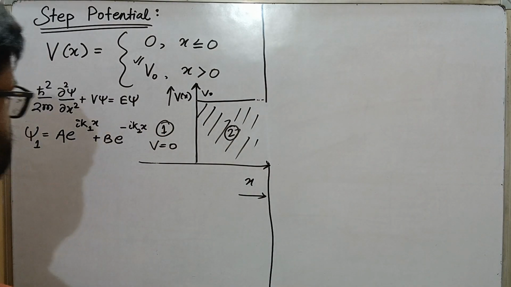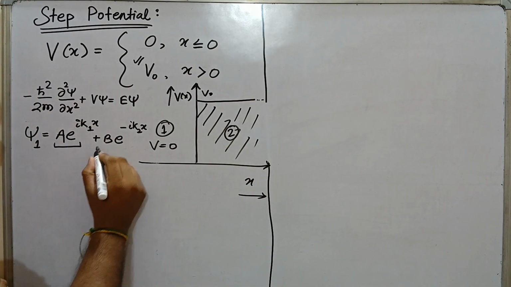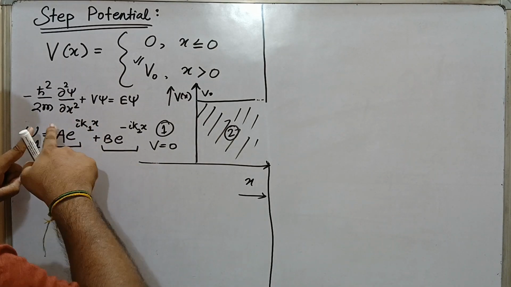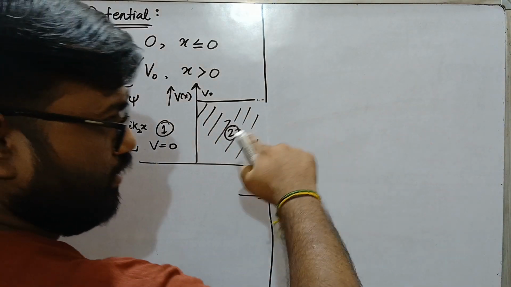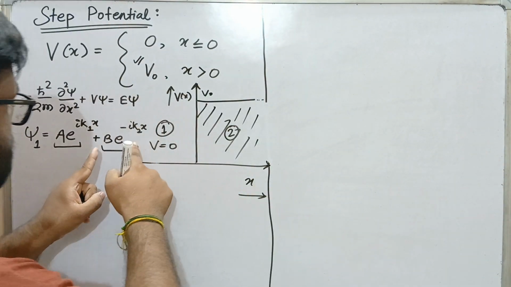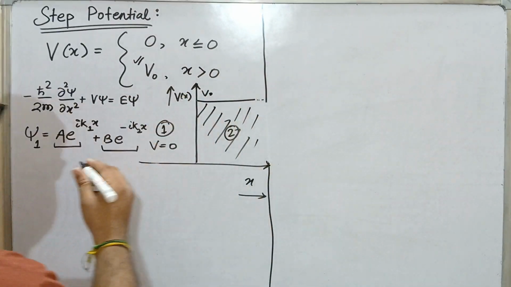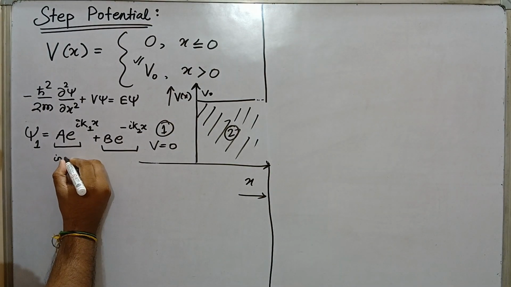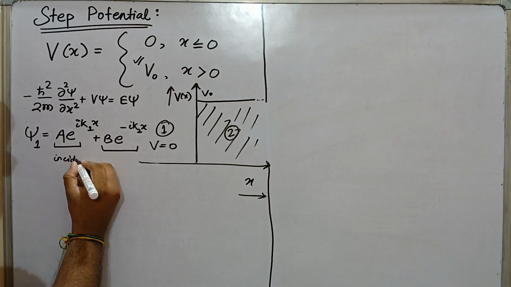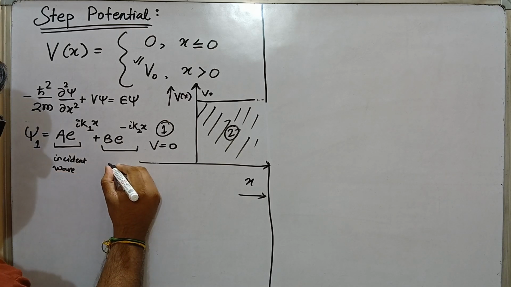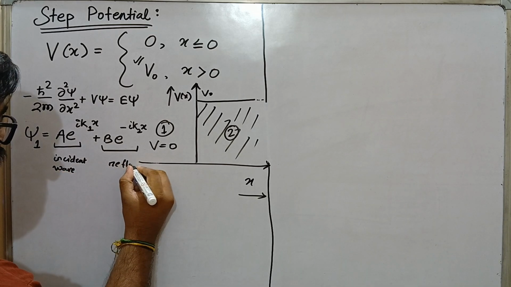Now think about it. This is one part, this is another part. This part of the wave goes along the positive x direction, and this part goes along the negative x direction. It means this is our incident wave, and this is our reflected wave.